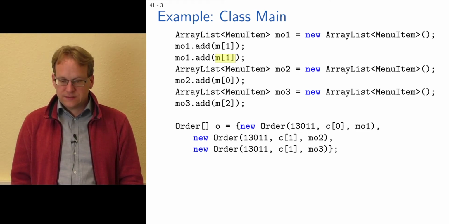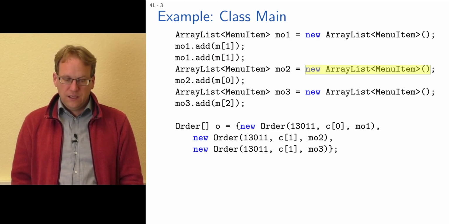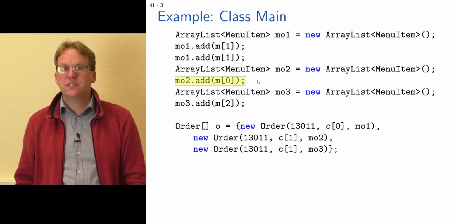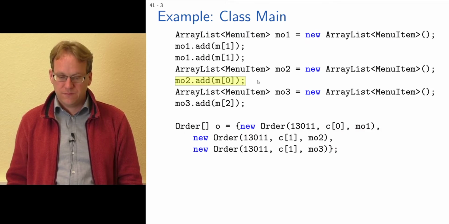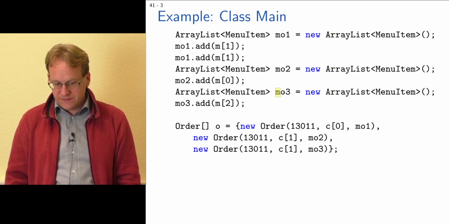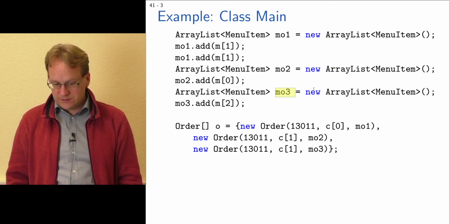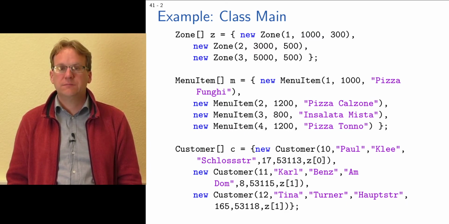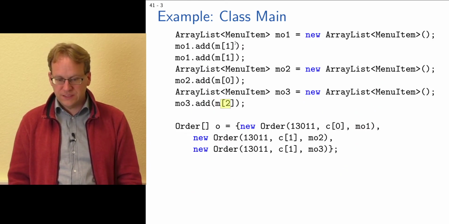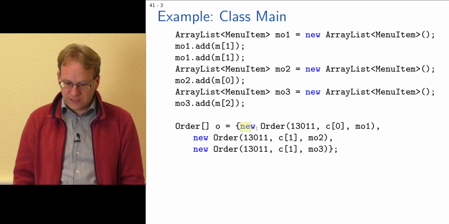And then I have an array list MO2, which I also instantiate as an empty list. And to that array list afterwards, after creation, I add M0, which is pizza fungi. And finally, I create this third array list, MO3, and I instantiate that as an empty array list, and I add M2. So that was Insalata Mista. So now I have created these array lists, and with these I can now call the constructor of my order class.